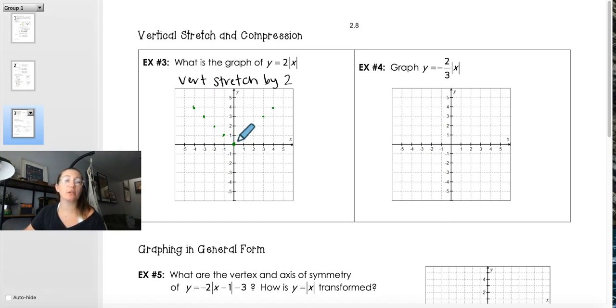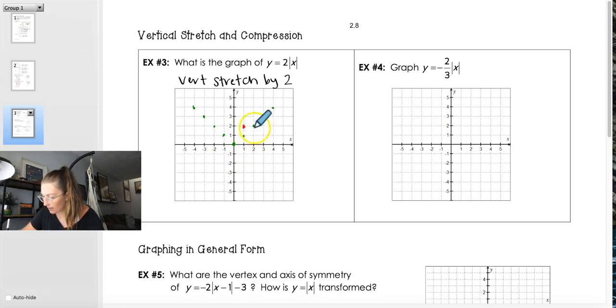All right. So now I'm vertically stretching by 2. That means I'm taking the y distance, because y is vertical, and I'm going to double it. If you look at this one, this y distance to my x-axis is a distance of 1. So instead of a distance of 1, I'm now going to go a distance of 2. So I'm doubling that vertical distance.